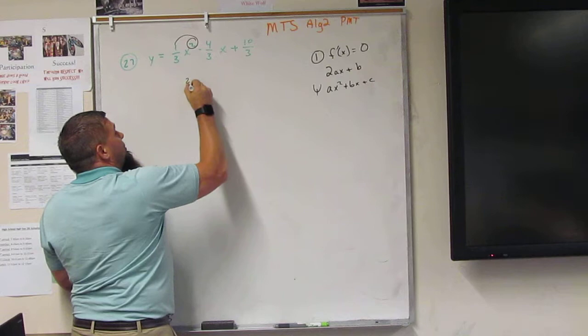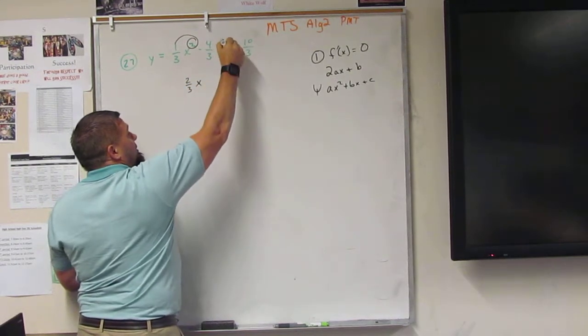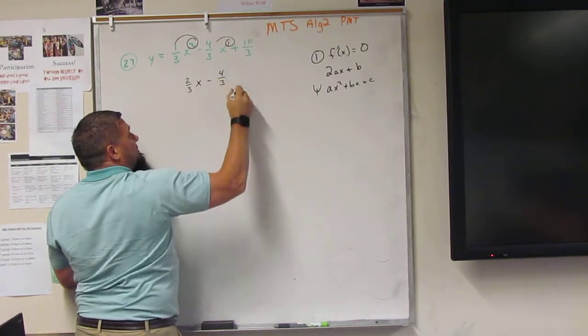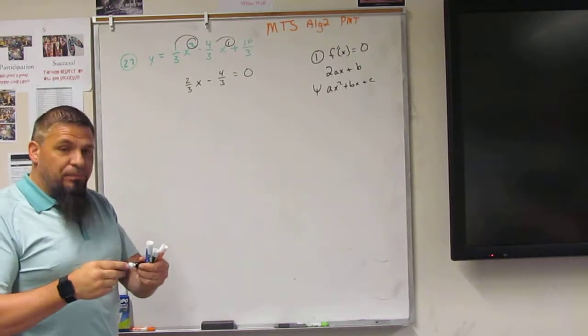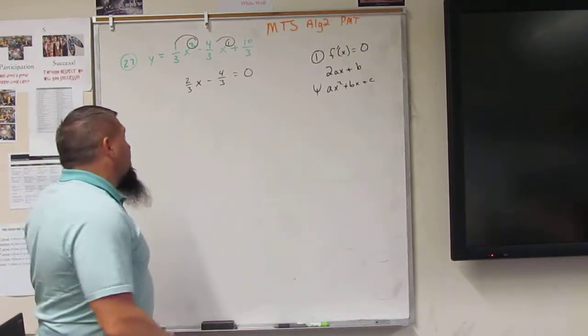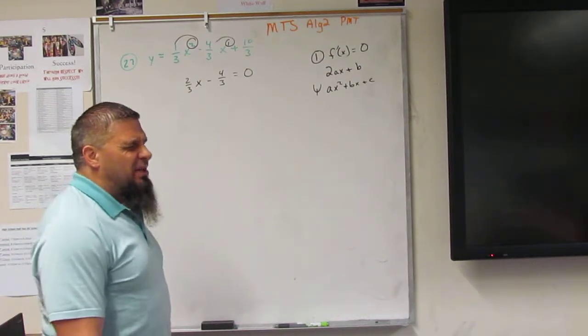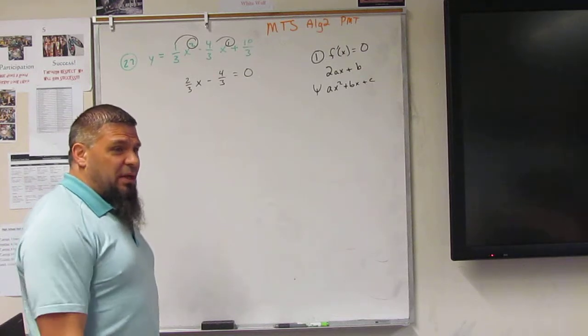So this would be 2/3 x. And then there's actually a 1 here, so minus 4/3. And then you set that equal to 0, right? This is not a fun problem. Obviously, this should be more of a pre-calc problem.